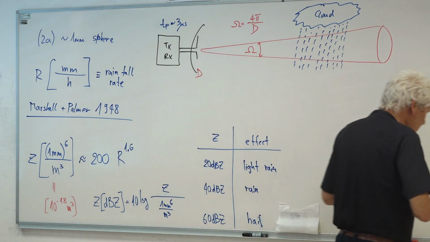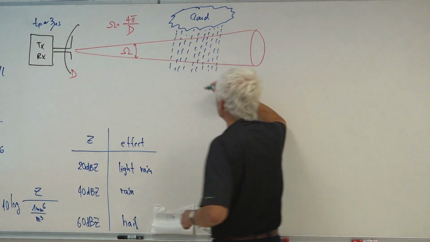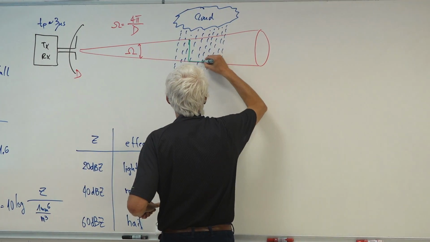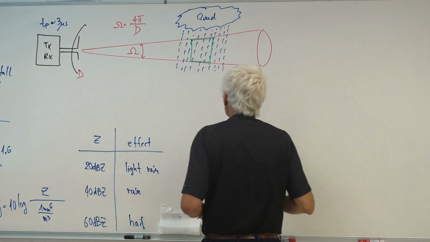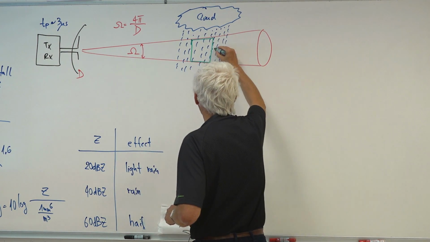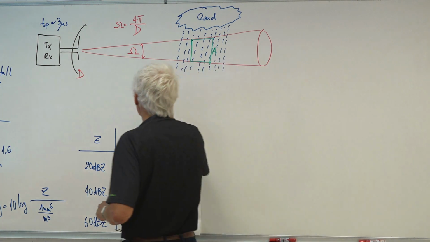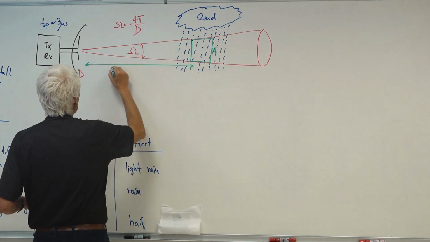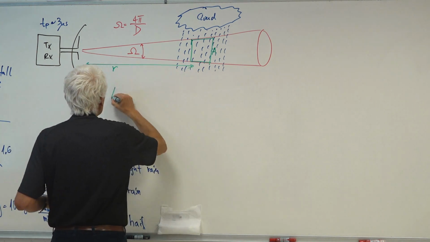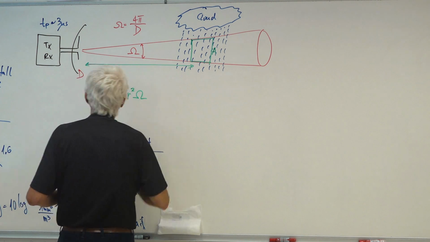What do I observe here? I observe a certain volume of precipitation, where this volume has a cross-section A, and this cross-section A is simply the distance r to the cross-section, A is r squared times omega.